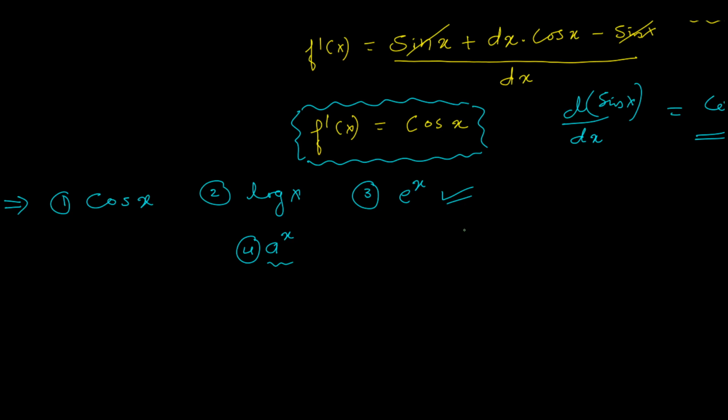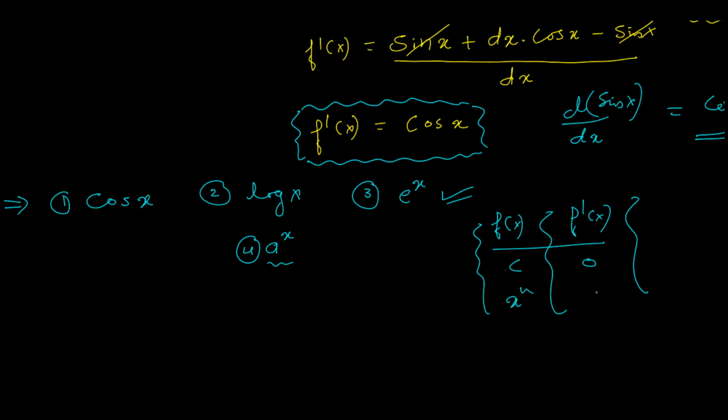So you can in fact make your own table of all the derivatives that you have been finding. Here you can write the function, and here you can write the derivative of the function. And so far we ourselves have done two derivatives, right? One is the derivative of a constant, which was 0. Derivative of x to the power n, in the video 1 or 2 videos before, is n into x to the n minus 1.